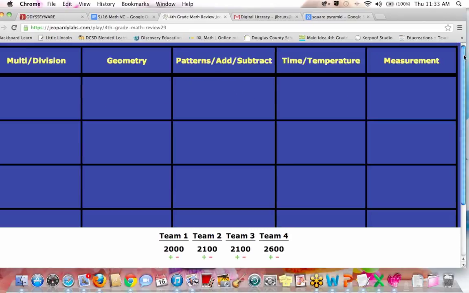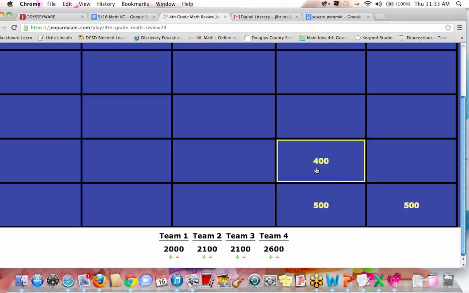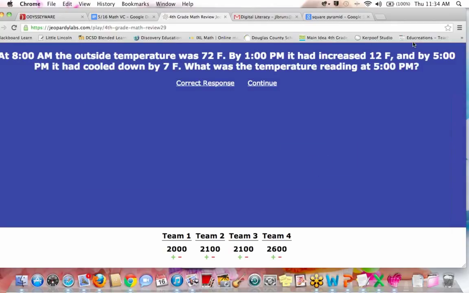Ah, I skipped this category. At 8 a.m., the outside temperature was 72 degrees. By 1 p.m., it had increased by 12 degrees Fahrenheit, and by 5 p.m., it had cooled down by 7 degrees. What is the temperature at 5 p.m.? So you have to add 12 and then subtract 7 from 72. So 72 plus 12 minus 7.